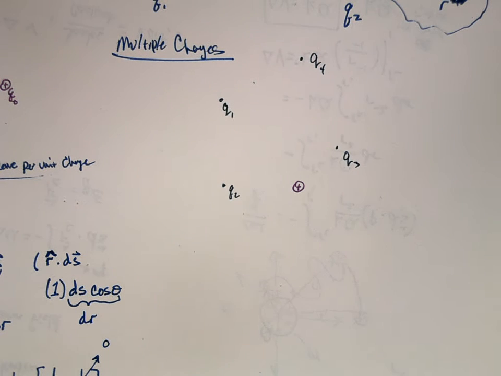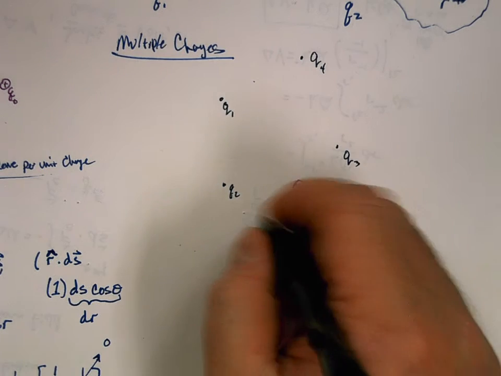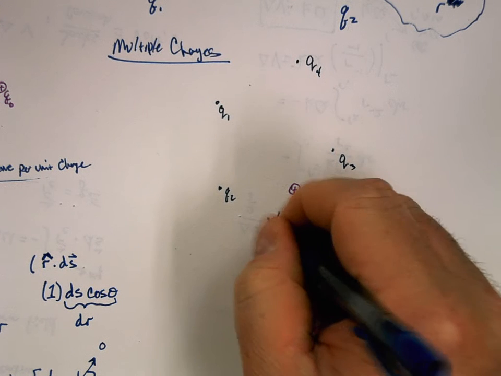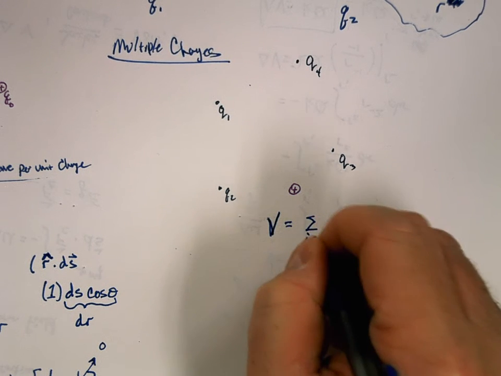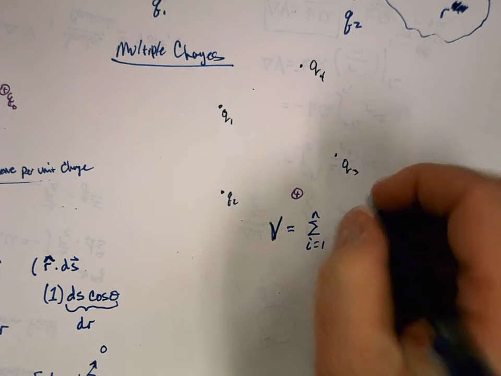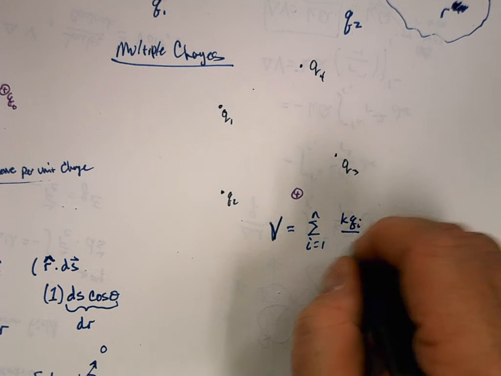Oh, cool! Another summation. So our voltage then equals the sum of i equals 1 to n of k Qi over ri.